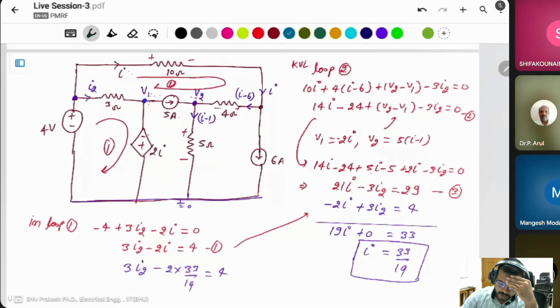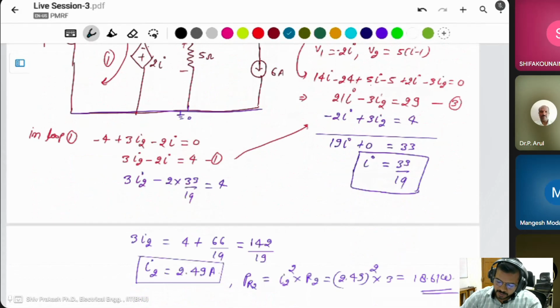We can take these two nodes also, taking KCL at this node, and we will also get two equations. We have to solve.